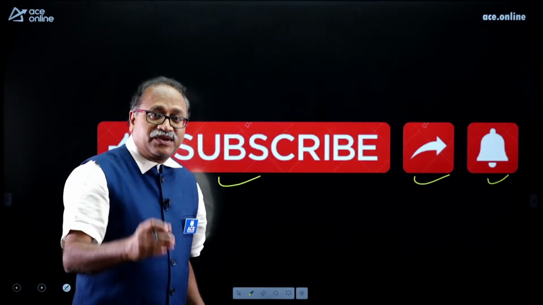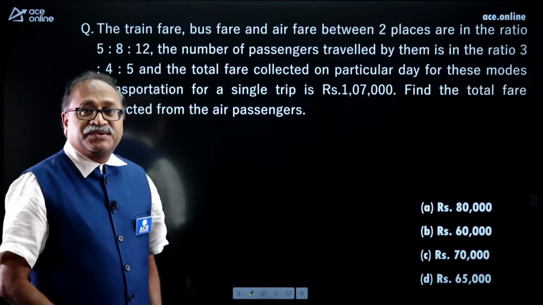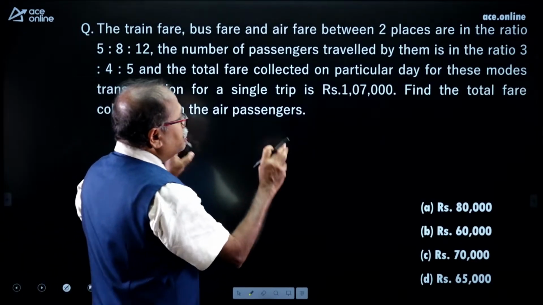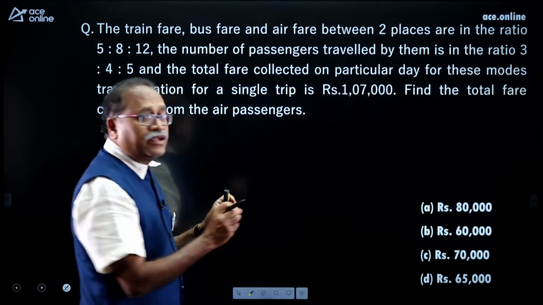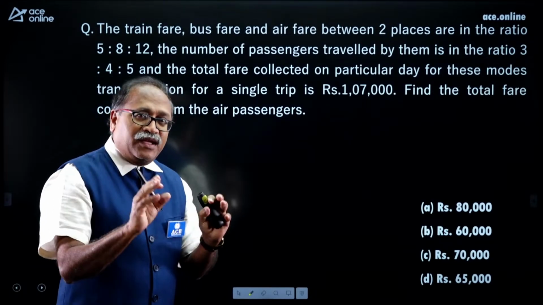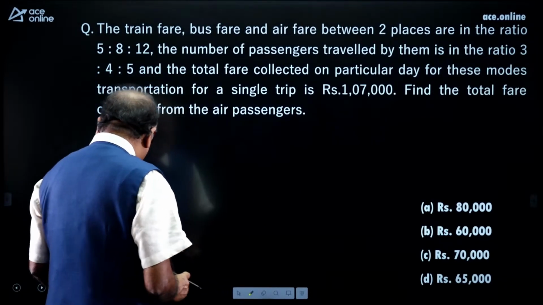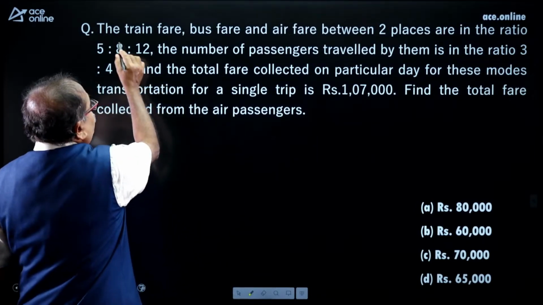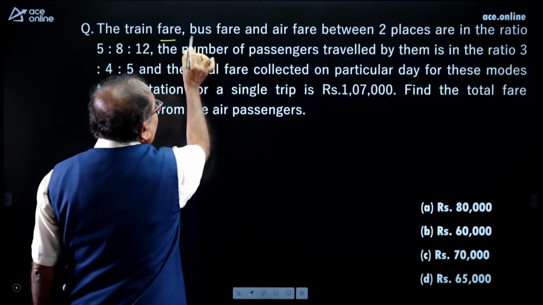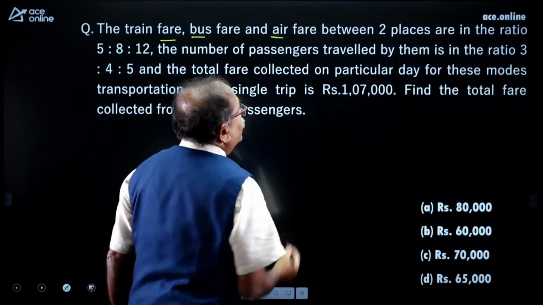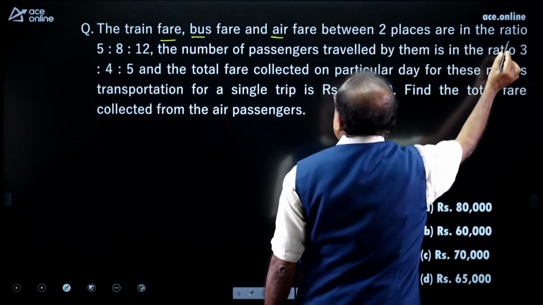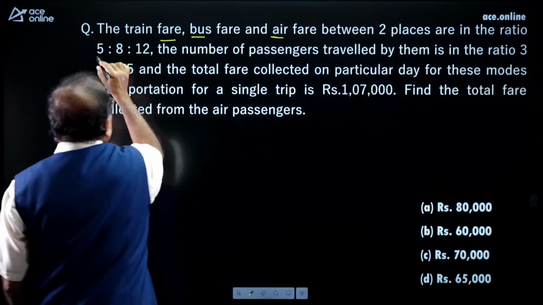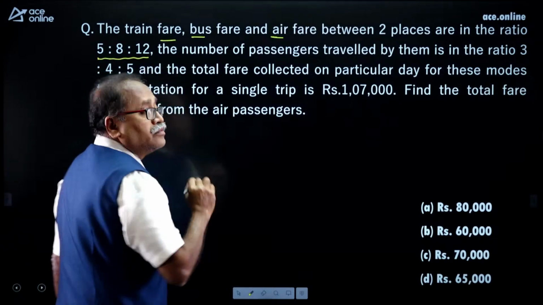And the very first question on the board is this, my young friends. The question is simple. I will give 30 seconds to you to answer. The train fare, the bus fare and the air fare between two places are in the ratio of 5:8:12.